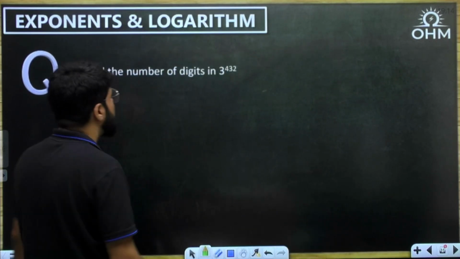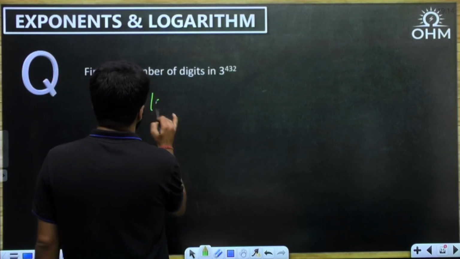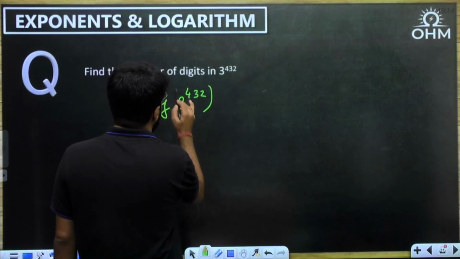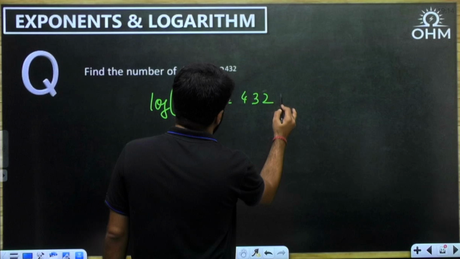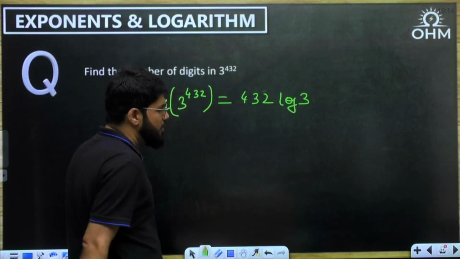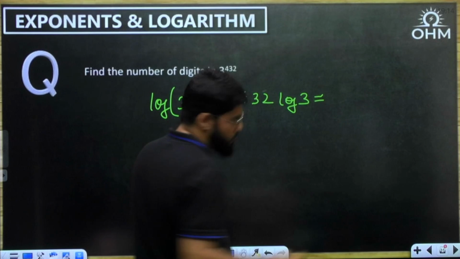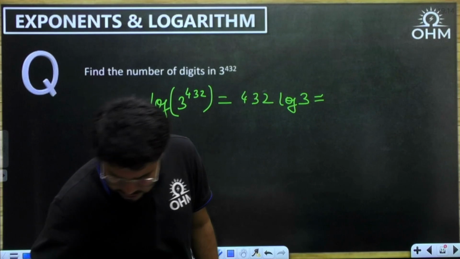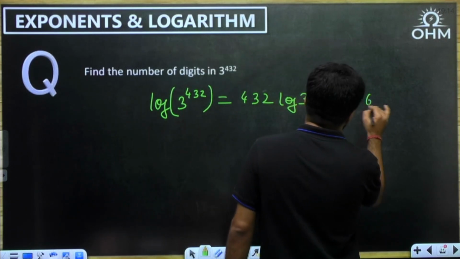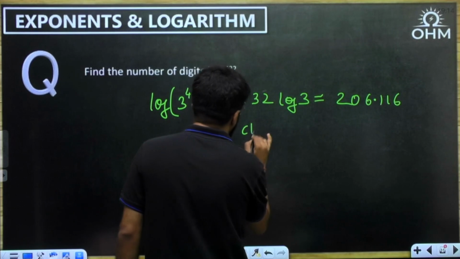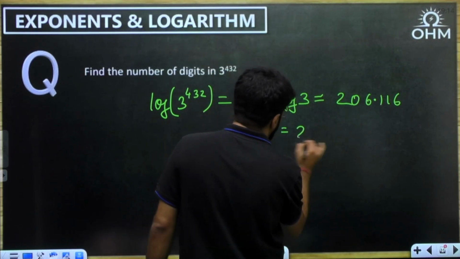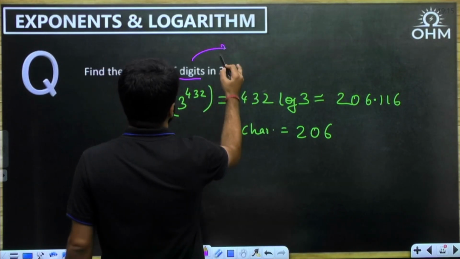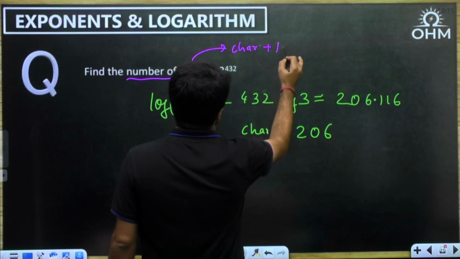First of all, log of 3 power 432: 432 comes outside, so it is 432 log 3, which is 206.116. So what is the characteristic, the integral part? 206. Now, what is the result? Number of digits is given by characteristic plus 1.